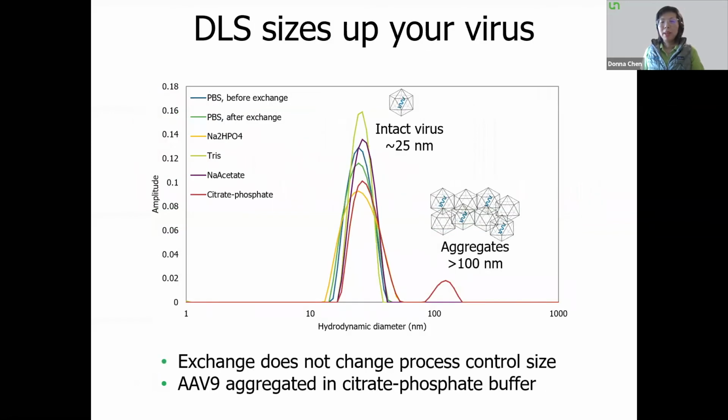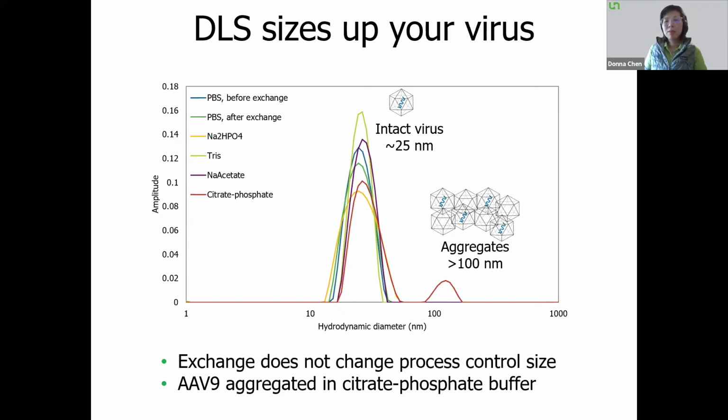successfully. And using UNCLE's DLS application at time 0 to measure what happens to each of the AAV formulations after the exchange, we can see that the PBS control before and after buffer exchange, that's the green and the blue line here, are still sized at 25 nanometers, which is the same size as an intact virus, meaning that the buffer exchange process maintained the integrity of the AAV9.